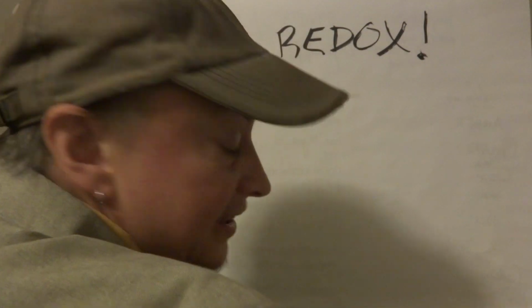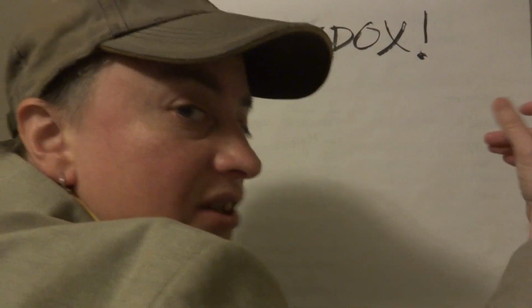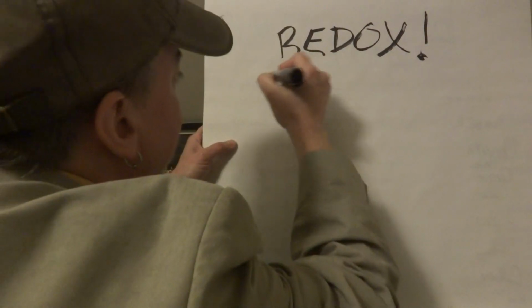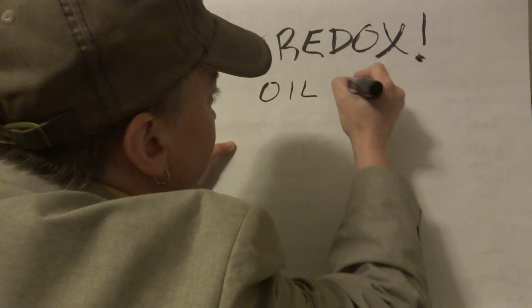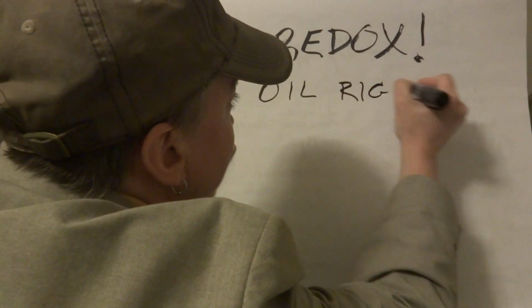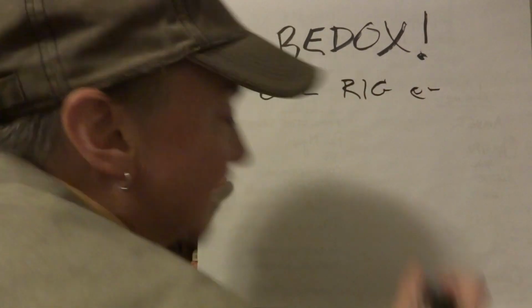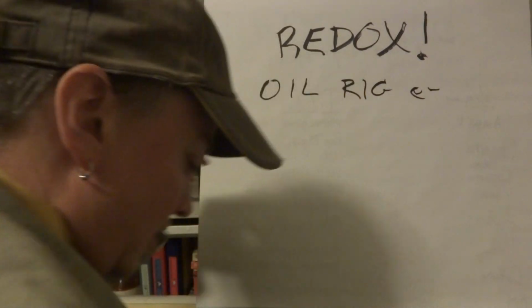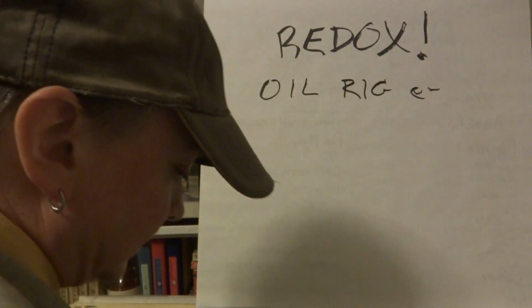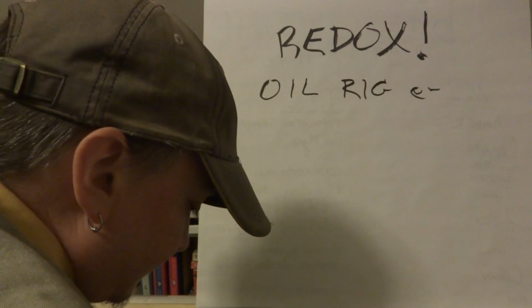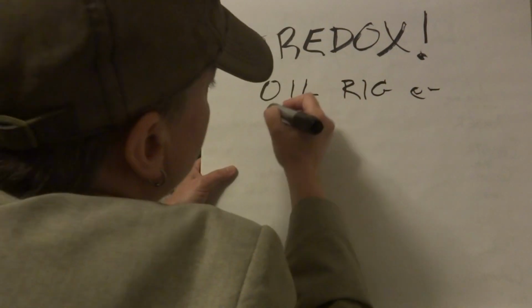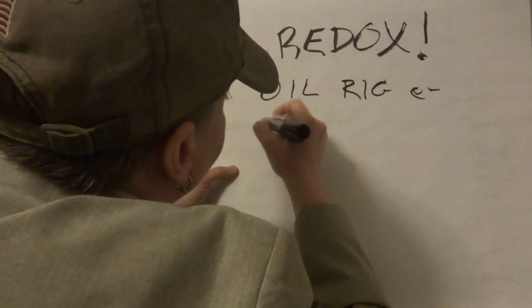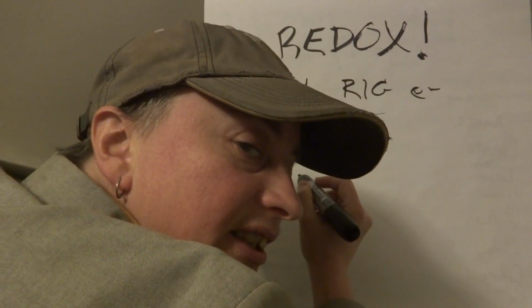The electrons get moved, so one gets reduced and one gets oxidized, and your famous mnemonic device here, right? Oxidation is loss, reduction is gain of electrons. So the reason why this is important to us is because life depends on it.